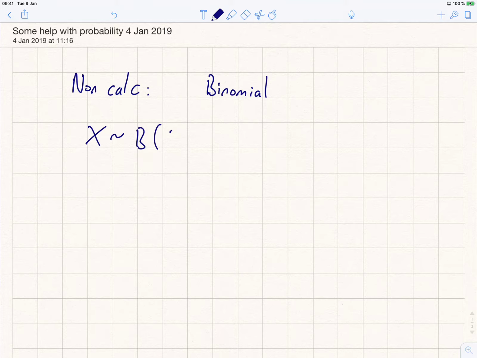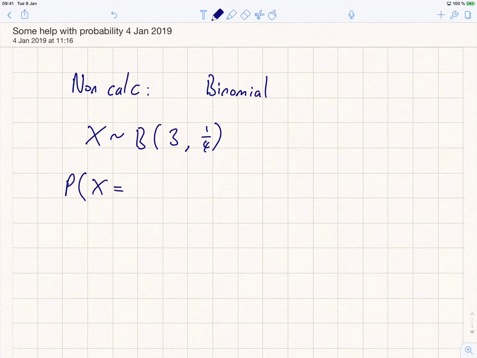Maybe we can do this with 3 attempts, and the probability of a success is, let's say, a quarter, because a half you might get a bit confused later. How would I do this on the calculator? Well, not on the calculator, menu 55A. You can do that pretty straightforwardly.